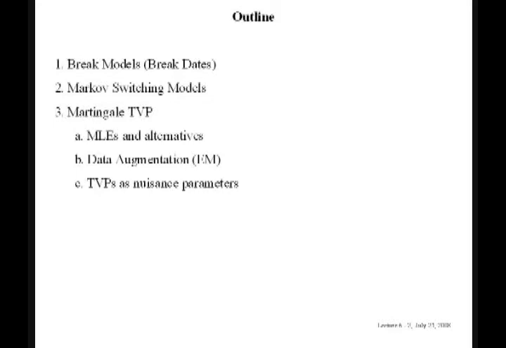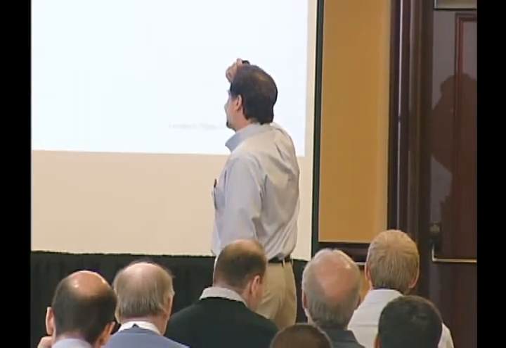Then I'm going to go back to these models with martingale time variation because they're really good tracking models, and they make sense for forecasting. But we really haven't talked about estimating. We talked about estimating the path, if you will, in this filtering or signal extraction stuff, but we haven't talked about estimating any parameters.